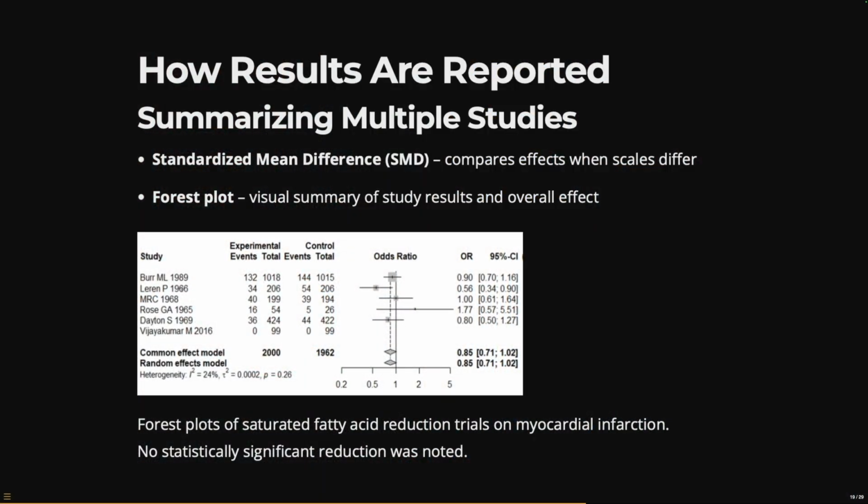But I would also caution against just taking this at face value, whichever way you want to interpret it, yes or no saturated fat, because if you look at the studies, 5 of the 6 are from the 60s. There's only one that's not. And the one in 2016 looks like there weren't any events. So that one's not even included, basically. It's not even in the chart. And I've looked at some of these studies from the 60s and they're not well done.